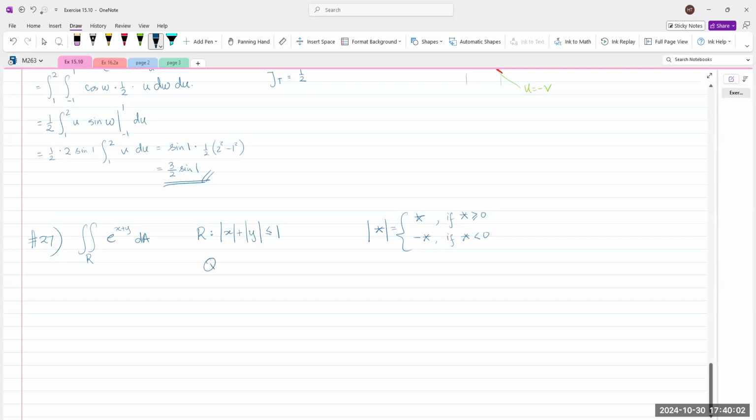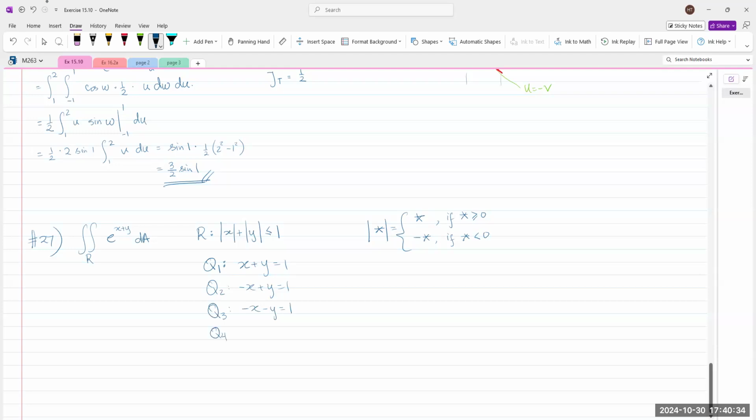In quadrant 1, x is positive, y is positive. This is the boundary. In quadrant 2, x is negative. In quadrant 3, both of them are negative.